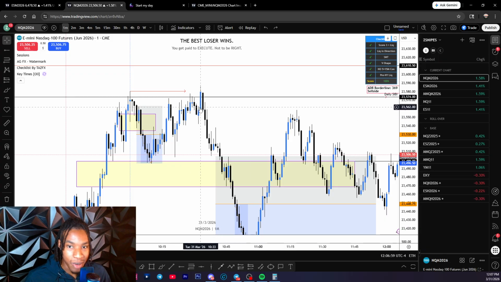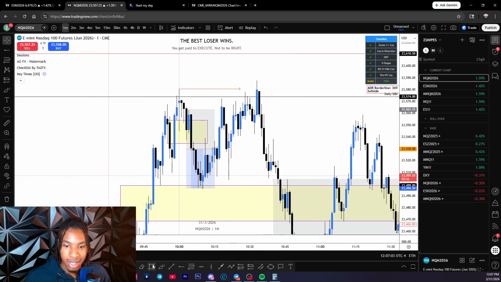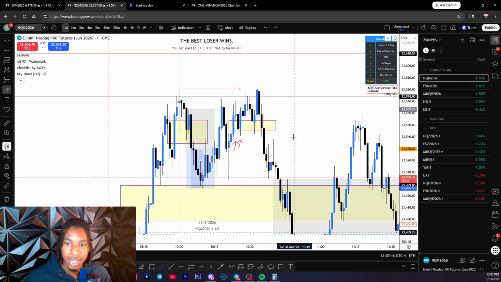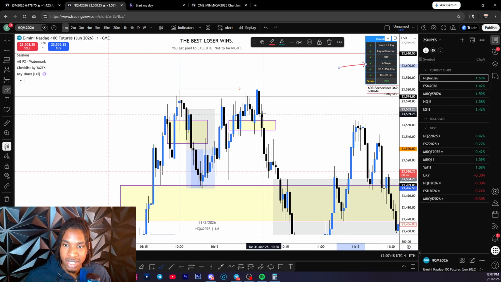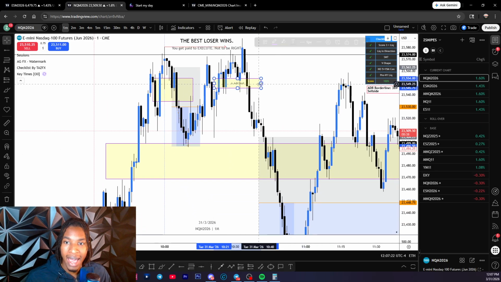You most likely had something inside of here, but the only thing that I seen here was this larger 1-minute inversion. There was nothing else, and I didn't take this because we had multiple taps inside of this area. I didn't like how much we were rejecting off this area. One of my rules here is a V-shaped recovery, and this just doesn't look like a V-shaped recovery for me, so I had to avoid it.